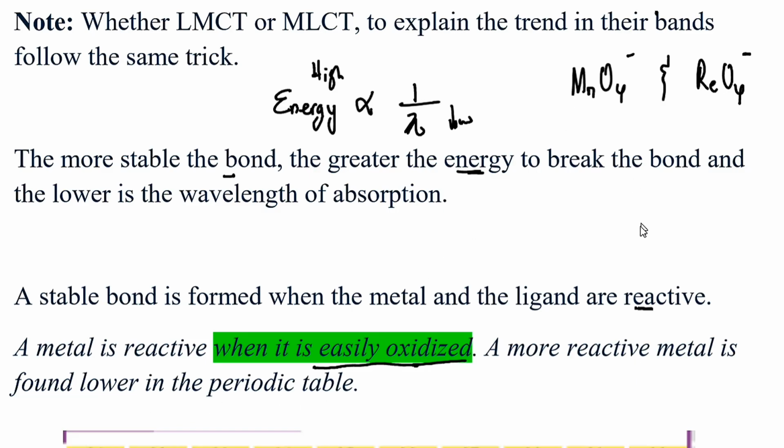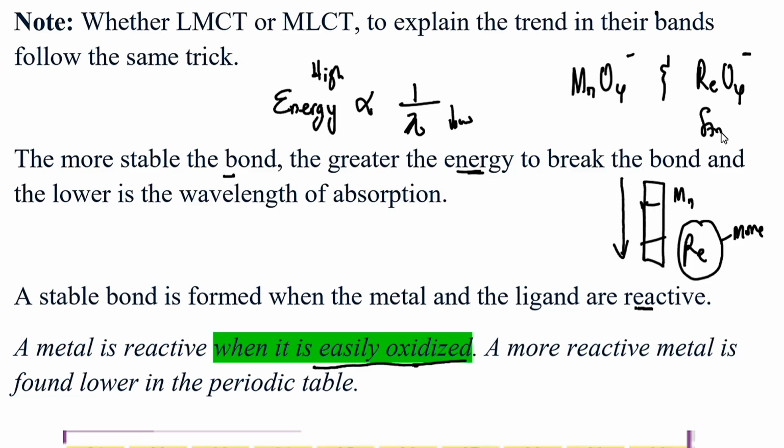From the schematic diagram, this is Mn and this is Re, on the same group in the periodic table. Re is going to be more reactive than manganese, and therefore will form a stronger bond.